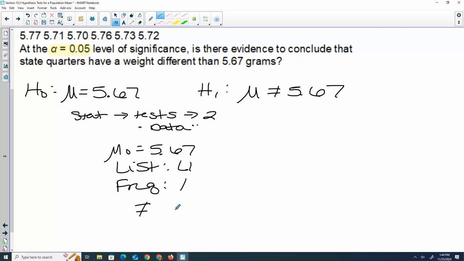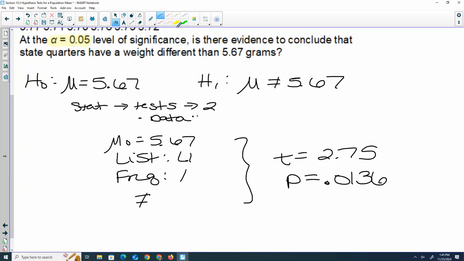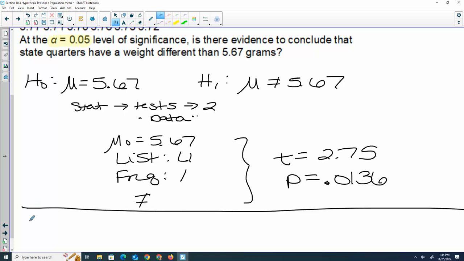So if we calculate, we should get a t of 2.75, and the probability is 0.0136. So alpha was 0.05. What's my conclusion? You reject.